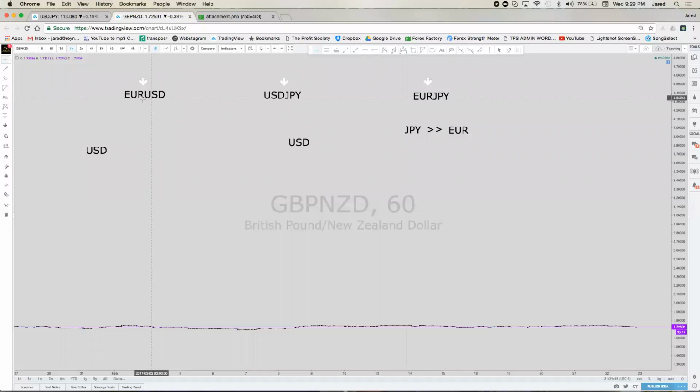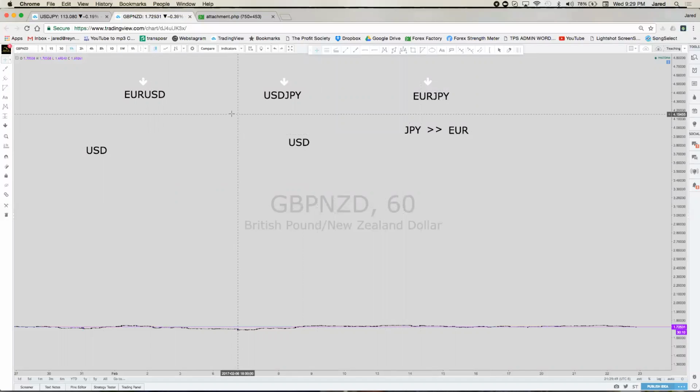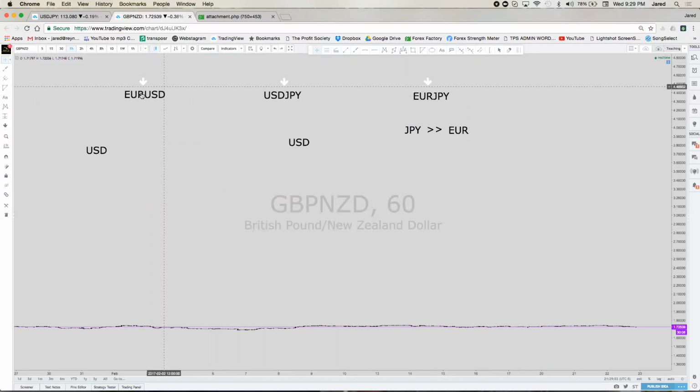So this will allow you to look at the market in a way where when you do see something weird like this, when you do see an EU and a UJ, which are generally inverse pairs, going the same direction, find the correlation between them, which is EJ. These are both going the same direction. Go trade EJ.